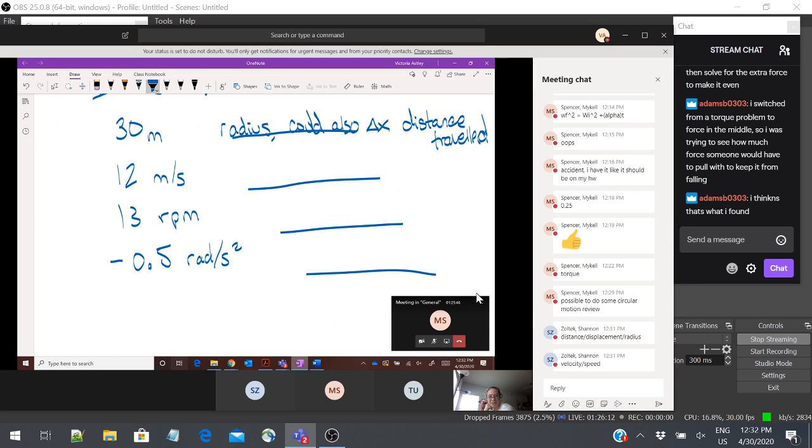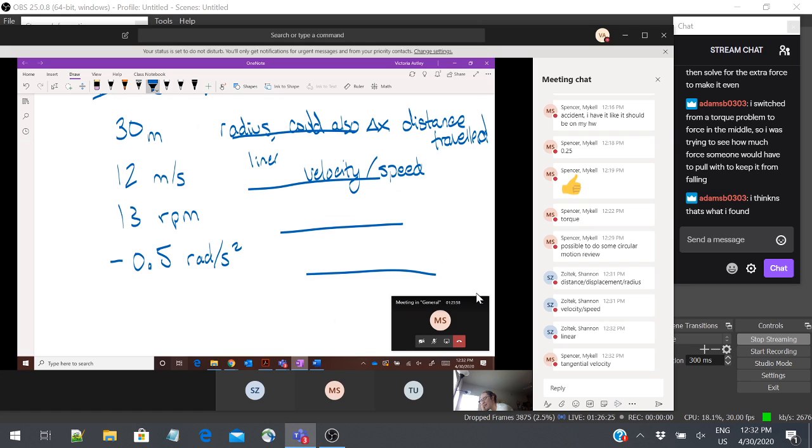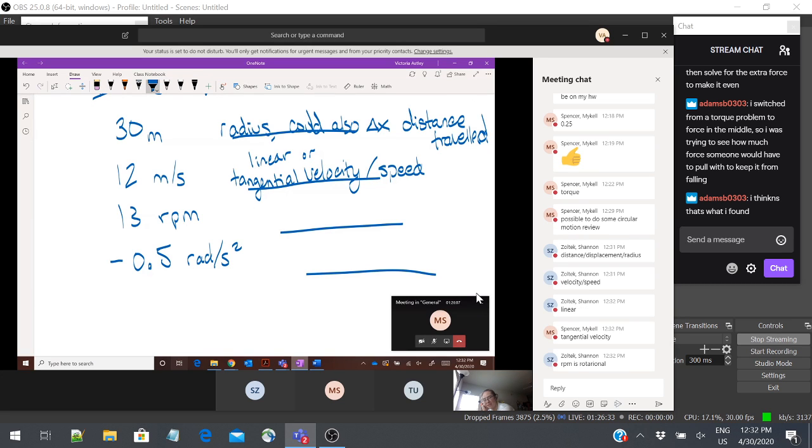Okay. Shannon says velocity or speed. What kind of velocity? Linear. Linear, aka tangential. Both correct. Yep. Okay. Rotational. Okay.